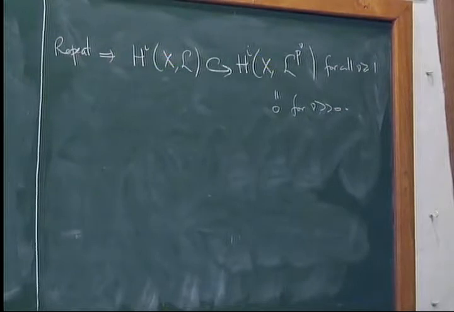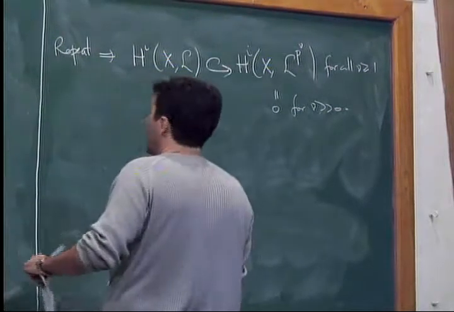As a corollary, we get Kodaira vanishing for Frobenius split varieties.